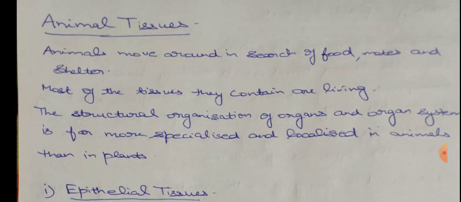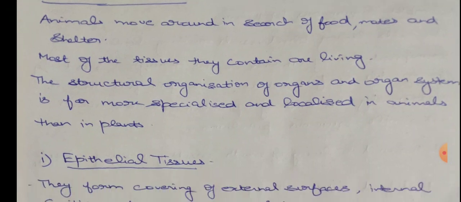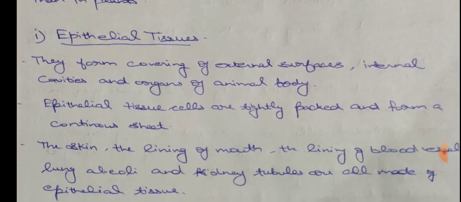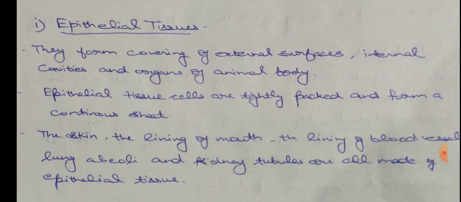So let's start with the first tissue, the epithelial tissue. Are you ready students? Take a look. Epithelial tissues form the covering of external surfaces, internal cavities and organs of the animal body.